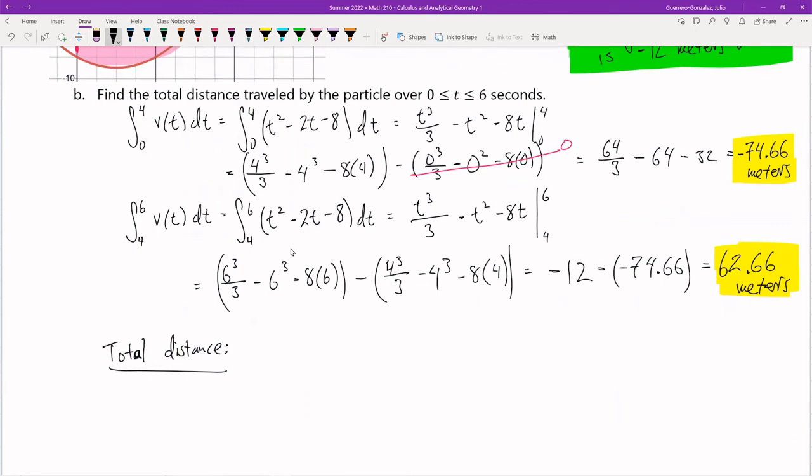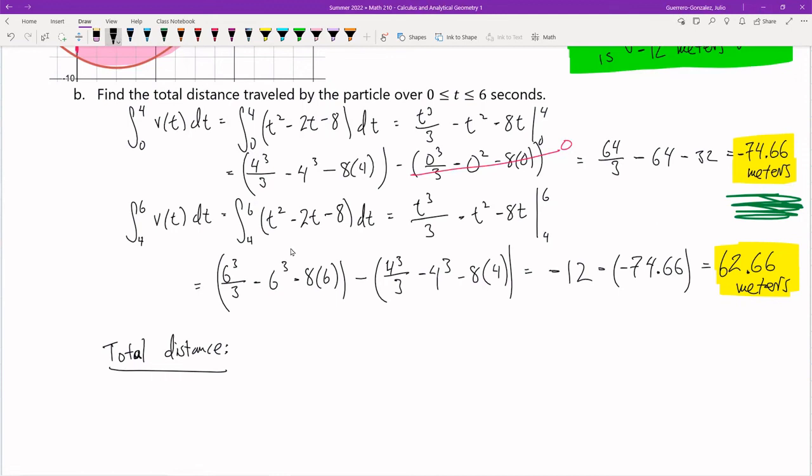The other one, the total area, we have to compute out, and we might get negative areas, so we have to turn them positive. This is one of those instances. My answer for the negative direction gave me something negative, but I want the total distance, the amount of distance it traveled in the negative direction. So I just turn that 74.66 into a positive value.